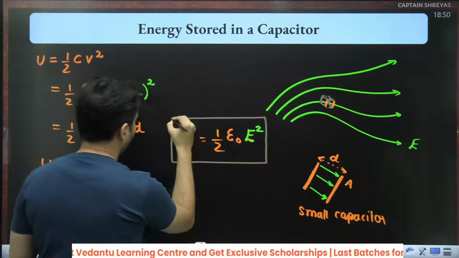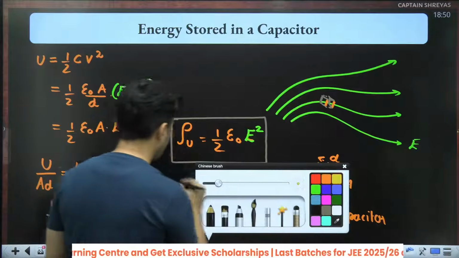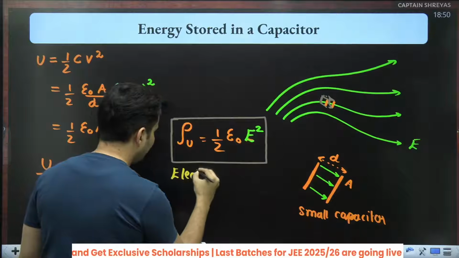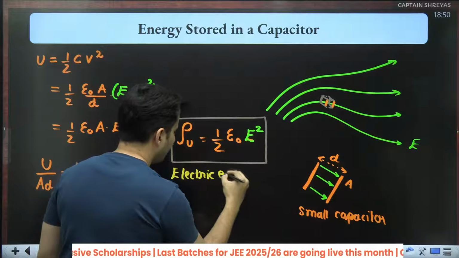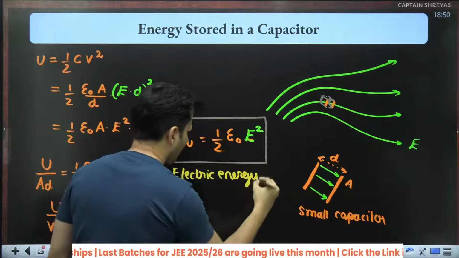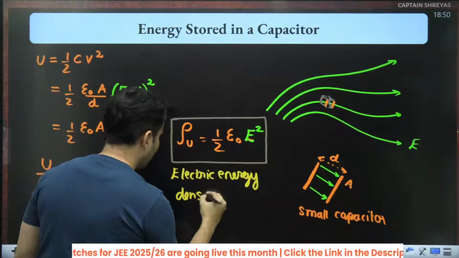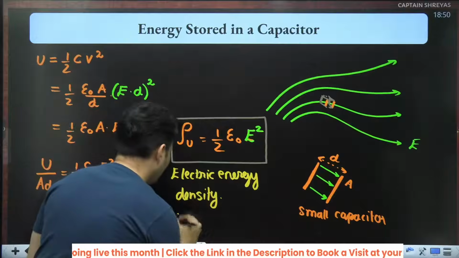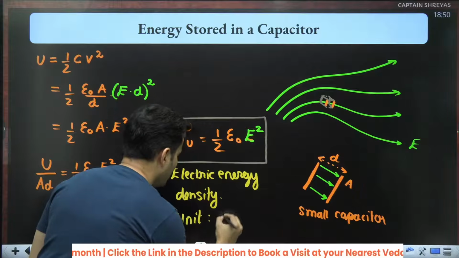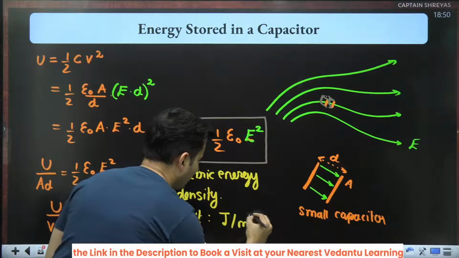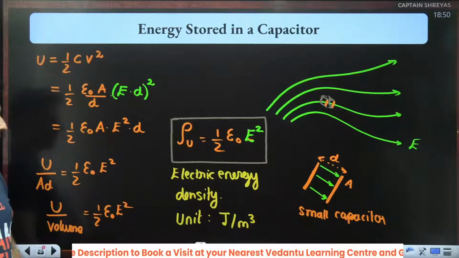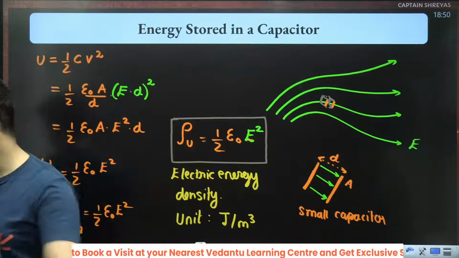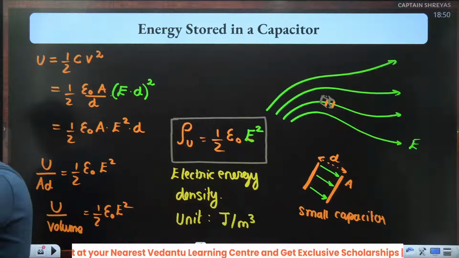This is called the electrical energy density, having the unit joules of energy per volume, so joules per meter cube. Got it? Yes.